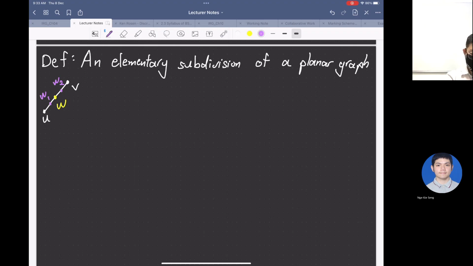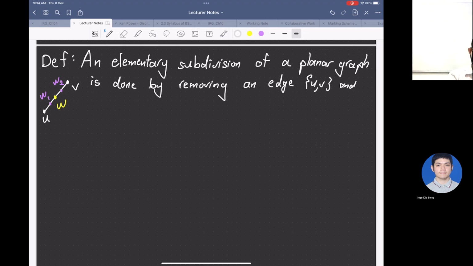So the precise meaning is you can remove the original edge UV, and add a new vertex W together with two new edges.